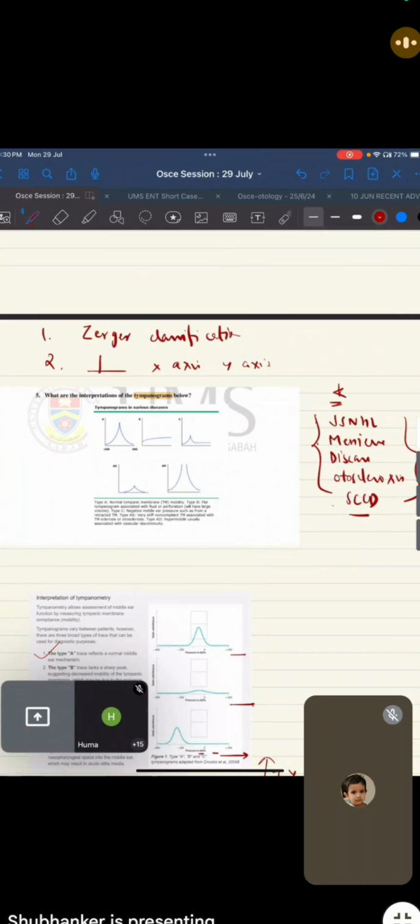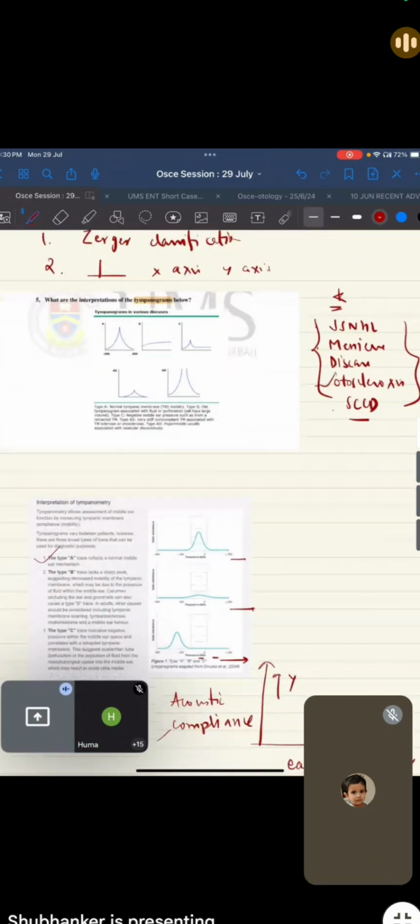These are not very important from a practice point of view, but from the exam point of view, when you get fed up of studying other topics in otology, please revise these things. Whatever notes you have, keep reading these 4-5 things. In otosclerosis, they will definitely ask those types of questions.